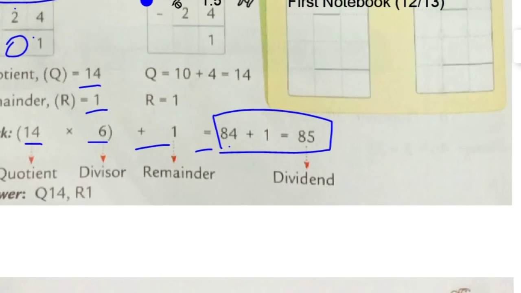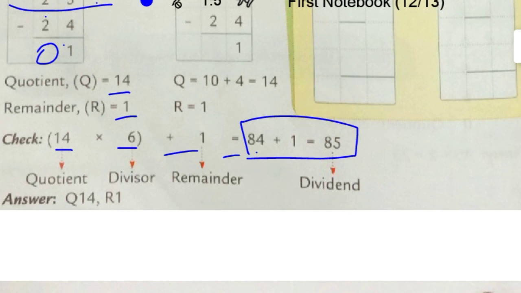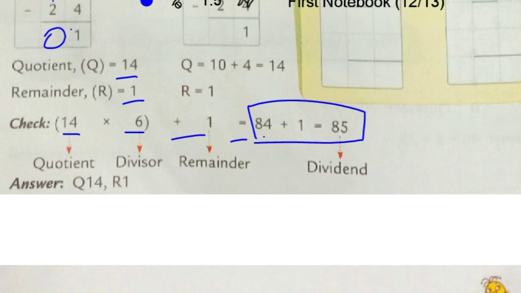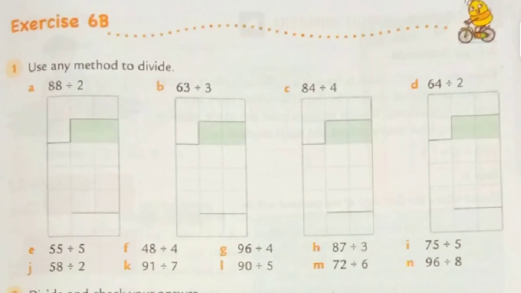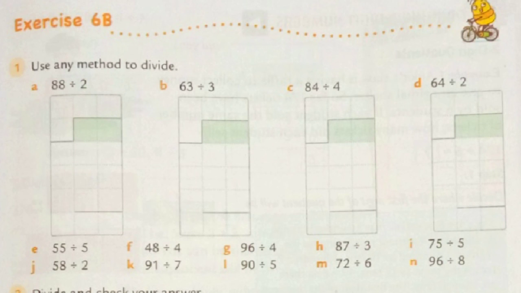So like this you will solve the questions given in exercise 6b. Let's see. In 6b also we have to do simple division. Let's do some questions here. 88 divided by 2. As I told you, when the first digit of the dividend is greater than our divisor, we will divide using a single digit.